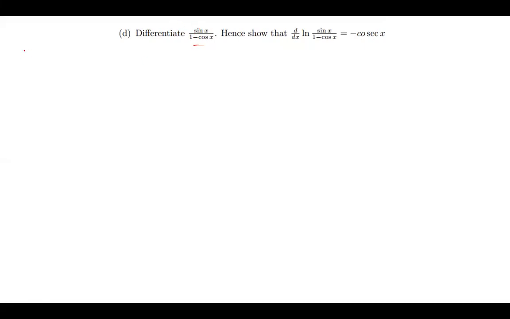The numerator becomes our u, which will be sine x, and v is equal to 1 minus cos x.